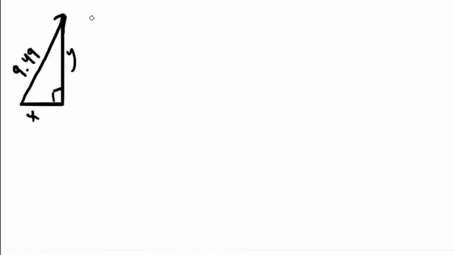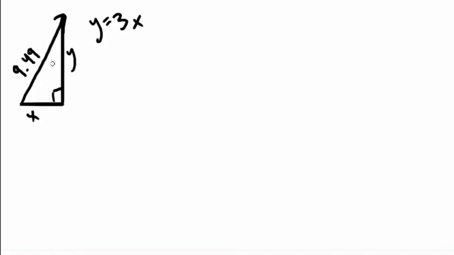Alright. And let's say that the other bit of information I'm given is that my y component is 3 times the length of my x component. Okay. And we want to know what x and y are. There's one other equation I can use.